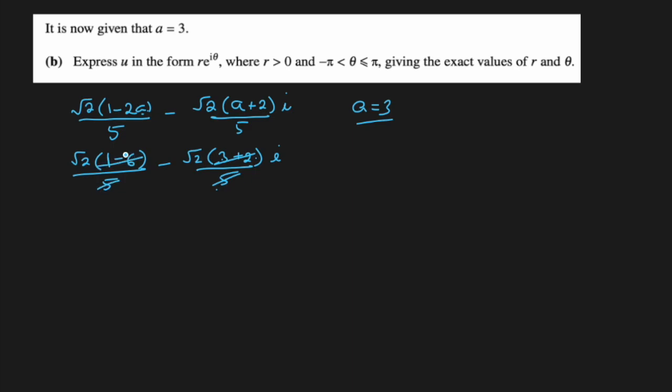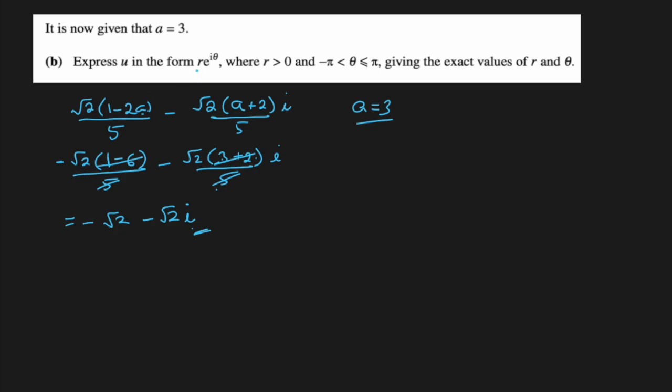That means this 5 and this will cancel, but there will be a negative here. So what are we left with? Minus square root 2, nothing else, minus square root 2i. Okay, this is the simplest form.